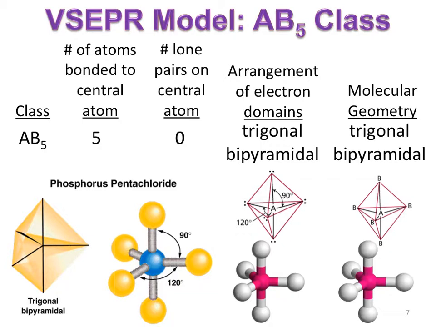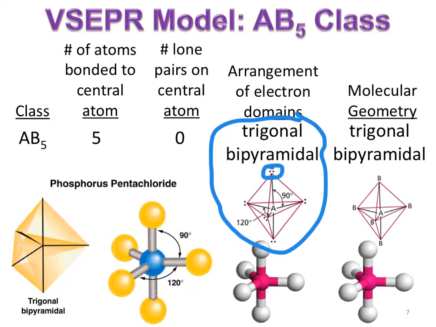The next class is the AB5 class. We have 5 bonded atoms to the central atom. The arrangement of the electron domains is trigonal bipyramidal. The bond angles from what are called the axial sides to the equatorial positions is 90 degrees, and the bond angle between the equatorial positions is 120 degrees.